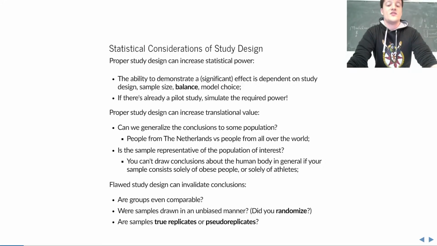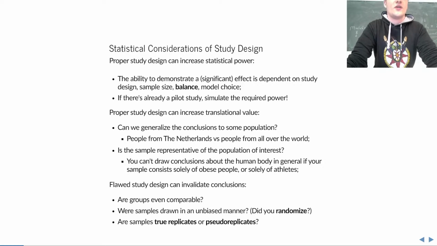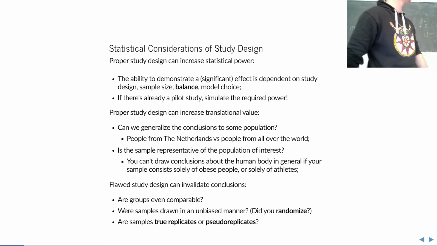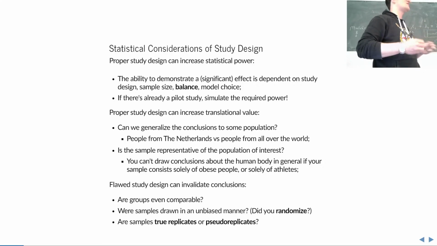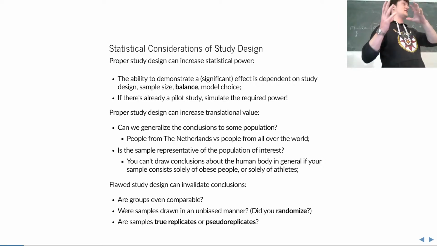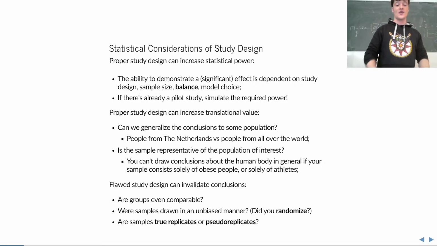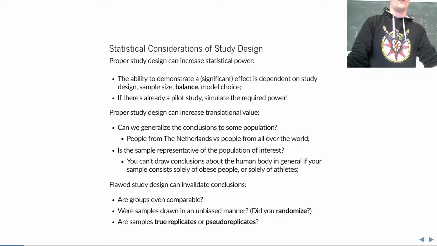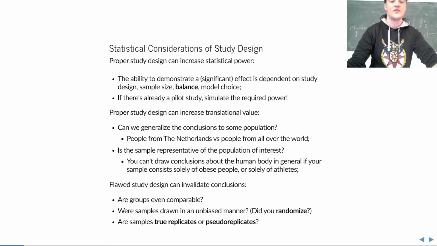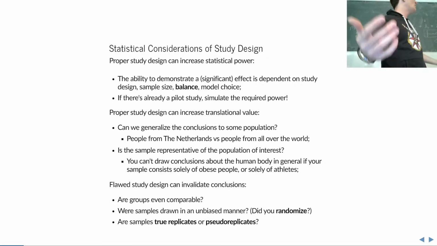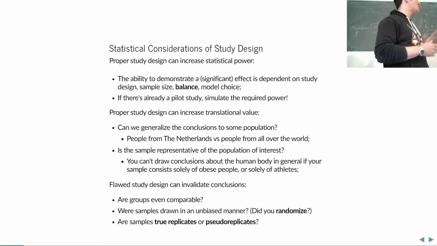So if you want to generalize your conclusions to a certain population of interest, then you have to incorporate that in your study design. So if you sample people from the Netherlands, you cannot just generalize that to the entire world because we have a certain systematic difference from the rest of the world. Yeah, and if you draw a sample, you have to be aware of what it is representative of, how it was sampled, because you can't just draw conclusions about the whole human body if your sample is only on athletes, which is very common in science, where they take athletes because it's like the top performers.